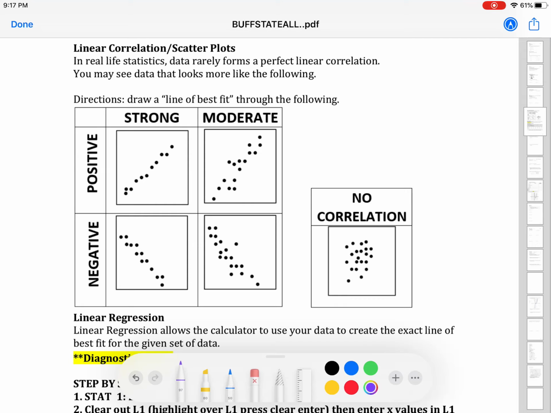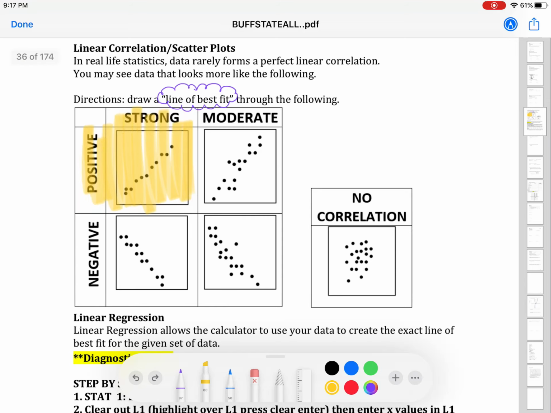So this table is supposed to help you identify different types of scatter plots, and we're going to use this concept of the line of best fit to go over them. The first one I'm going to show you, and I'll highlight it as we go, is the one on the top left. It has the two words, if you look to the left, positive, and if you look at the top, strong.